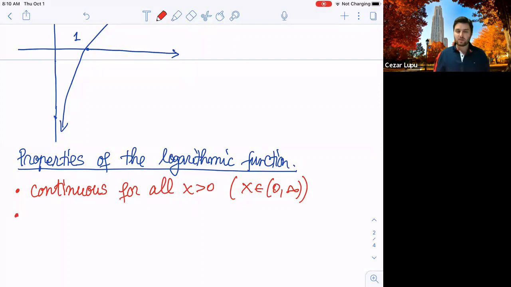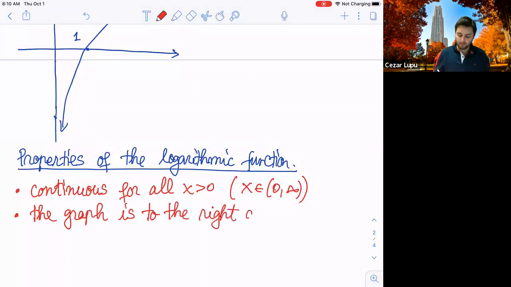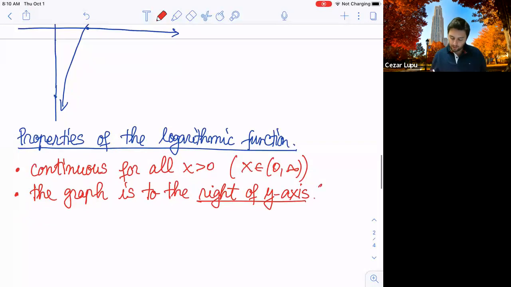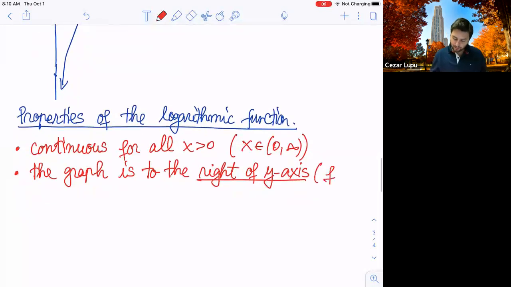So it's continuous for all positive values. We can say something about the graph. The graph is to the right of the y-axis. In fact, f of x is undefined for negative values, for x less than 0.